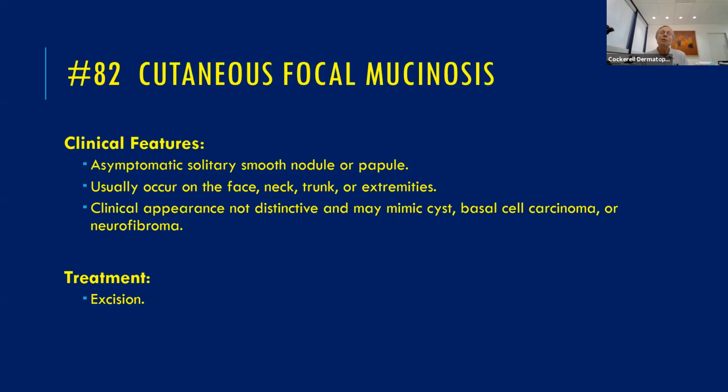Now there's two different types of mucin in the skin, right? There's hyaluronic acid, which is connective tissue mucin, associated with mast cells and fibroblasts. And then there's one other type of mucin that's epithelial mucin. What's that mucin called? Sialomucin. Good, excellent.